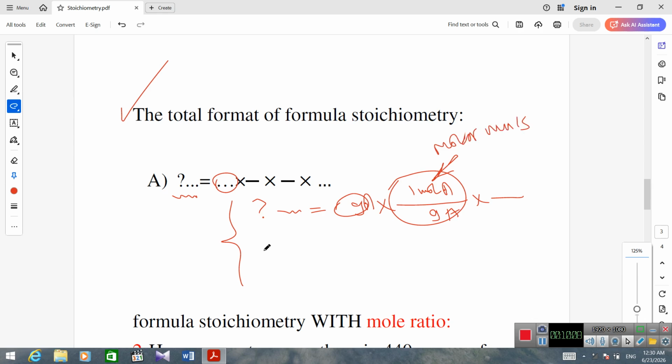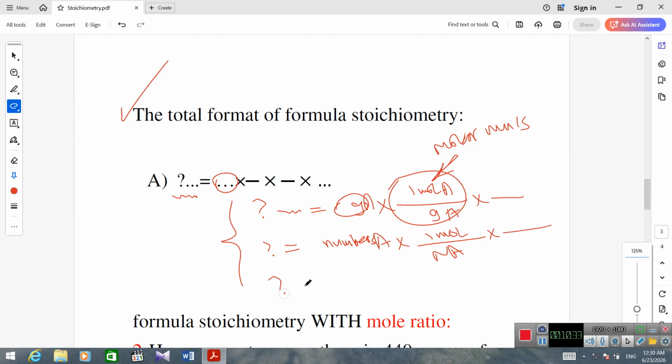But in the initial part, if we have the numbers of a substance, we must use Avogadro's number and 1 mole of the same substance, and we can continue.